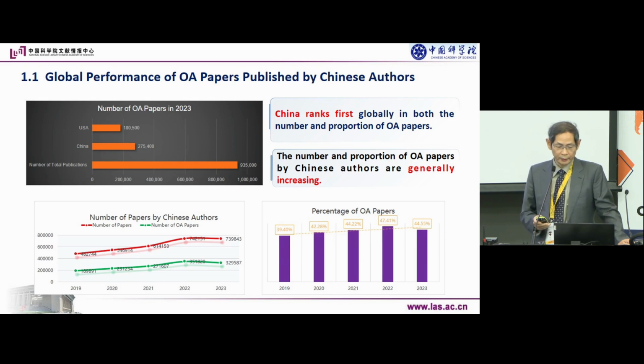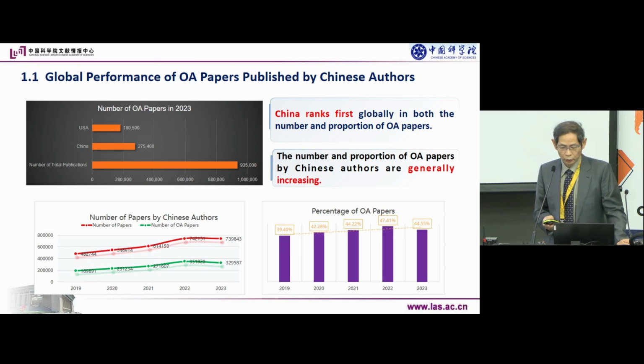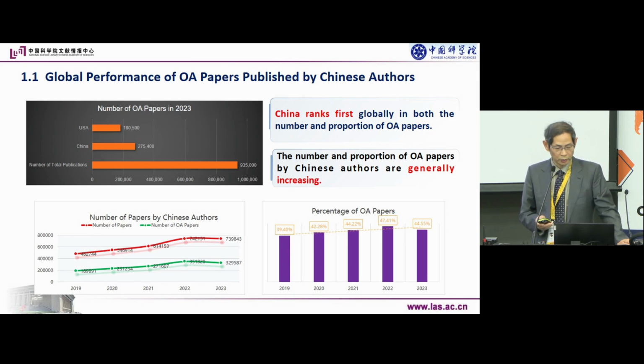You can see that China has ranked first globally in both number and proportion of OA papers. We have about one third of the total global OA papers.